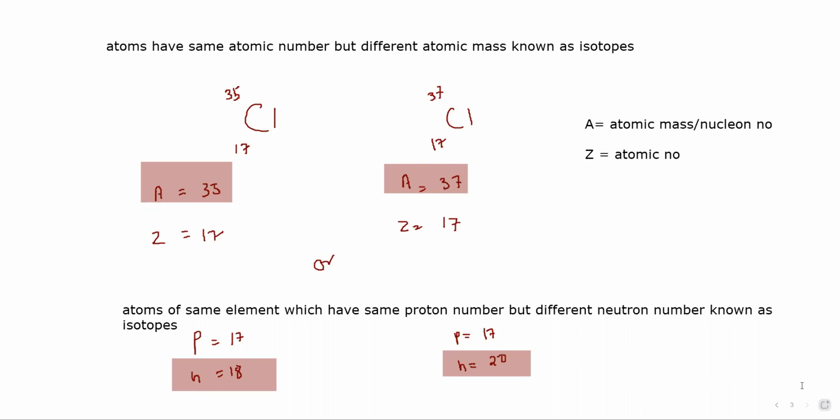Now, what happens for elements with atomic number more than 82? It means the proton number is more than 82.